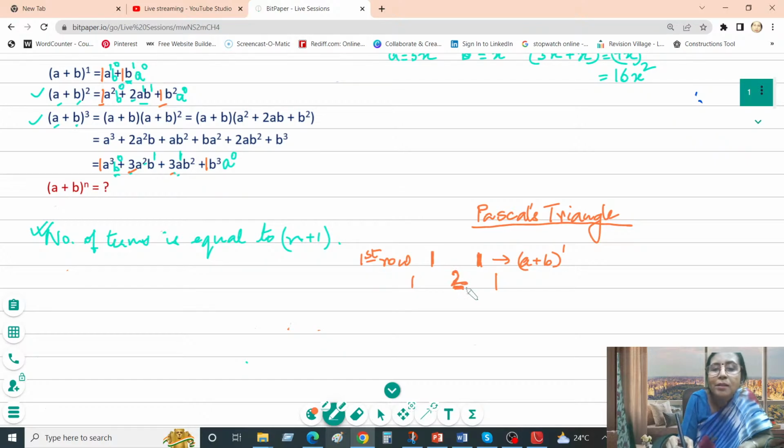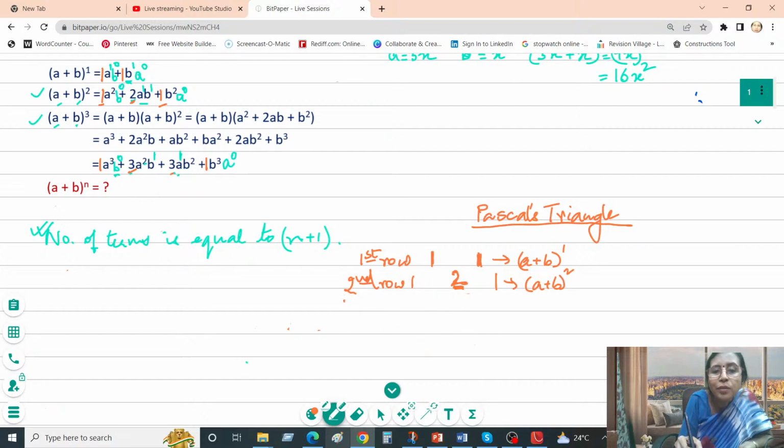So the second term's numerical coefficient is 2. This is the second row, and it corresponds to a plus b raised to the power of 2.